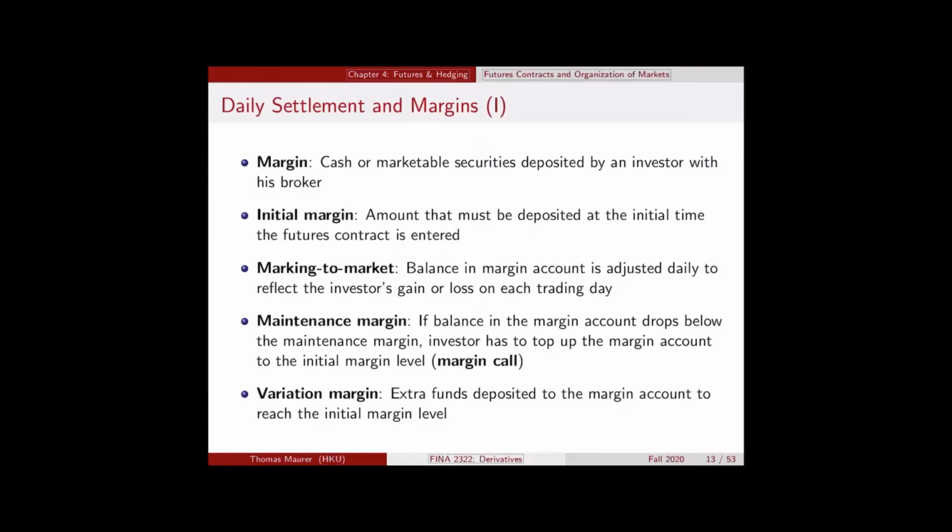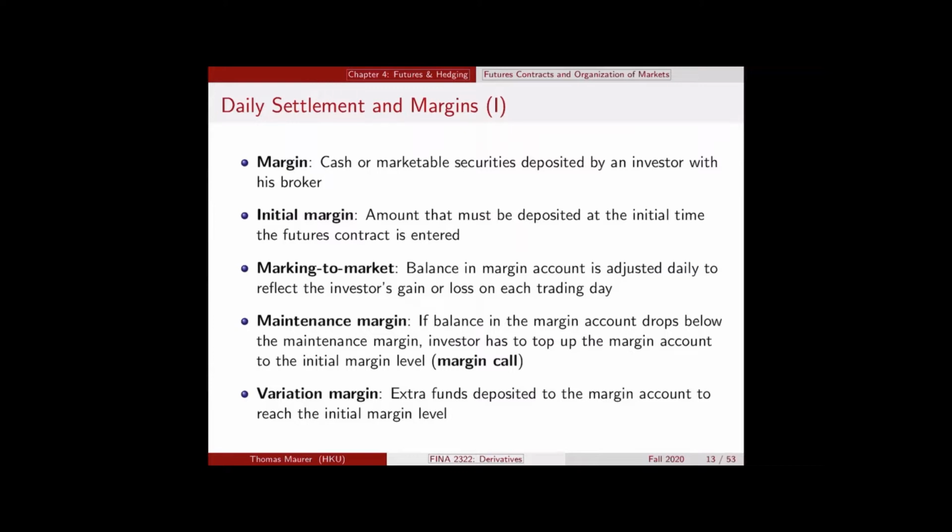Marking to market means that you have these daily payoffs between long and short positions, and that means that your margin account either gets new cash inflow or the exchange will take some money out of your account, depending on whether you gain or lose on the particular day. The maintenance margin is the minimum threshold.